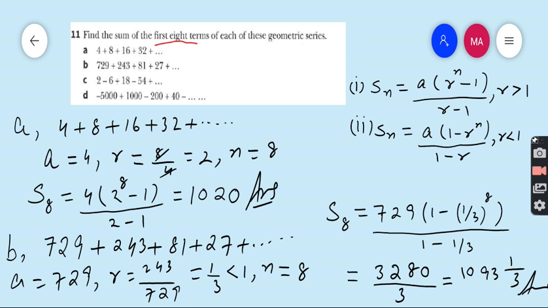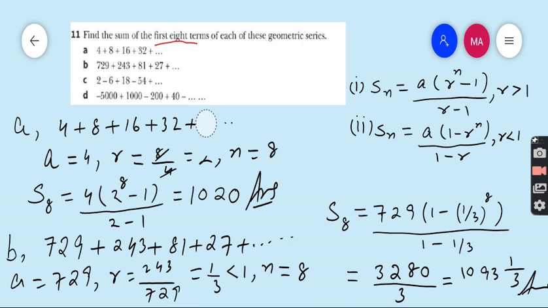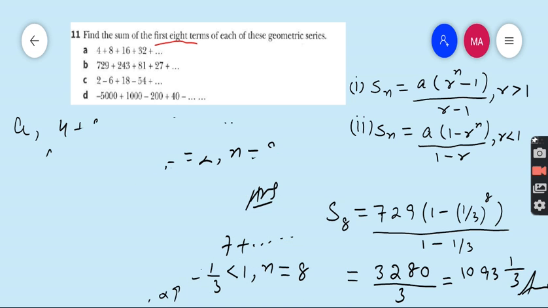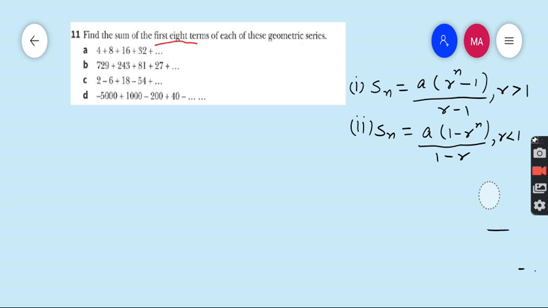Very easy questions. Move to part C. Part C is 2 minus 6 plus 18 minus 54 plus and so on.